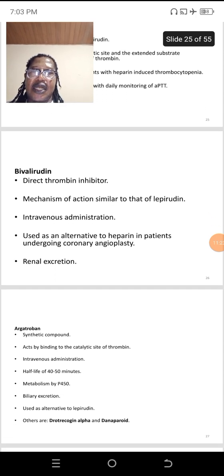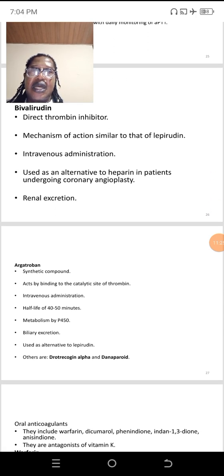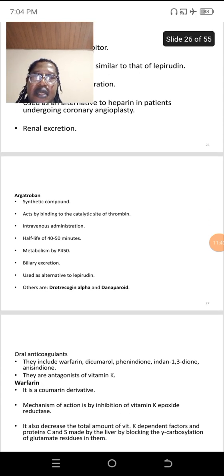Excretion is via the kidneys. Argatroban is a synthetic compound which acts by binding to the catalytic site of thrombin. Administration is via the intravenous route, half-life is about 40 to 50 minutes, and it is used as an alternative to lepirudin.